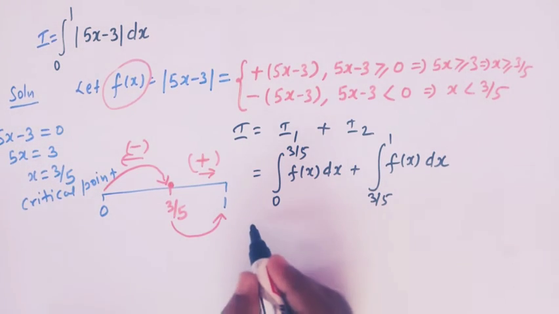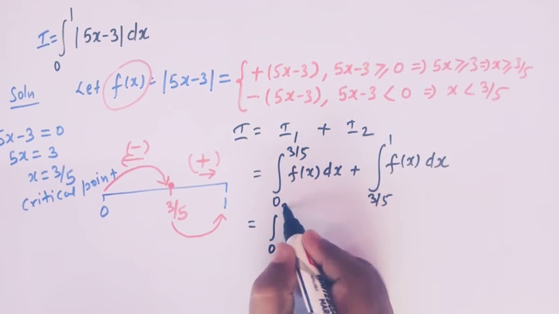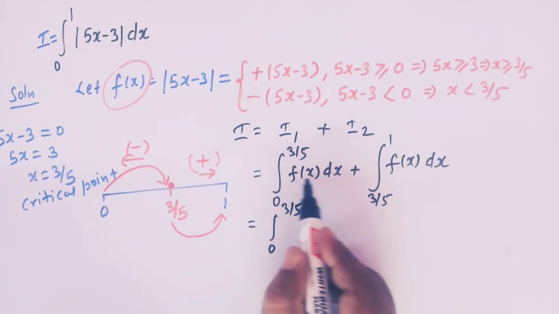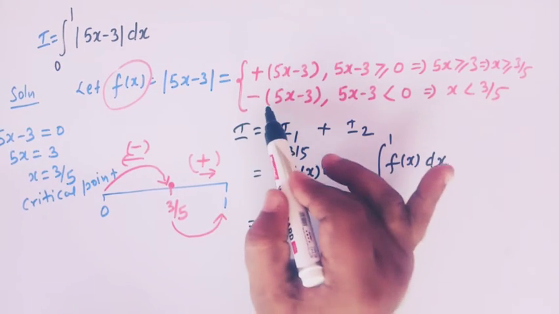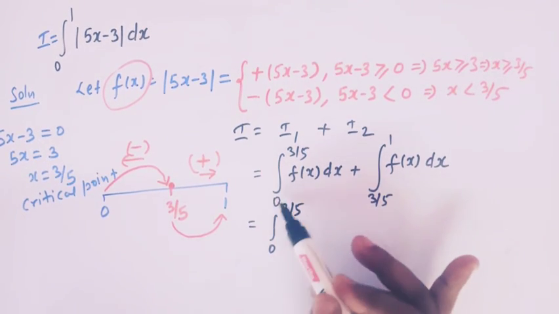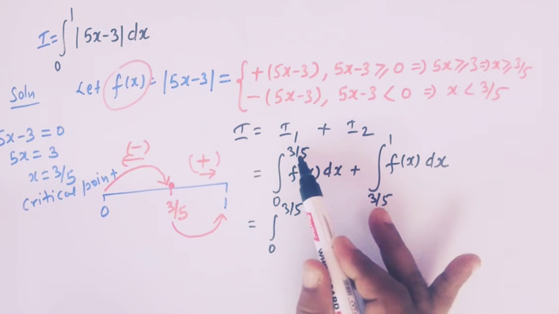Okay, so now we have 0 to 3 over 5, f of x is equal to negative, right? Because x lies between 0 and 3 by 5.